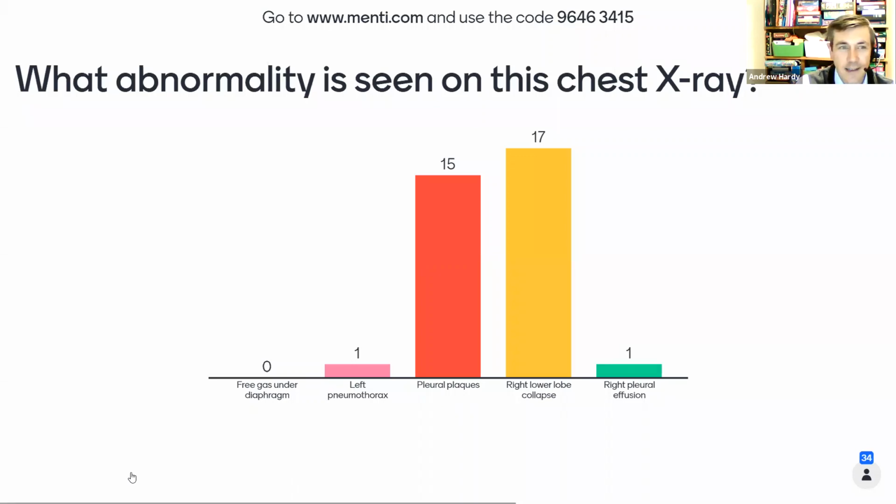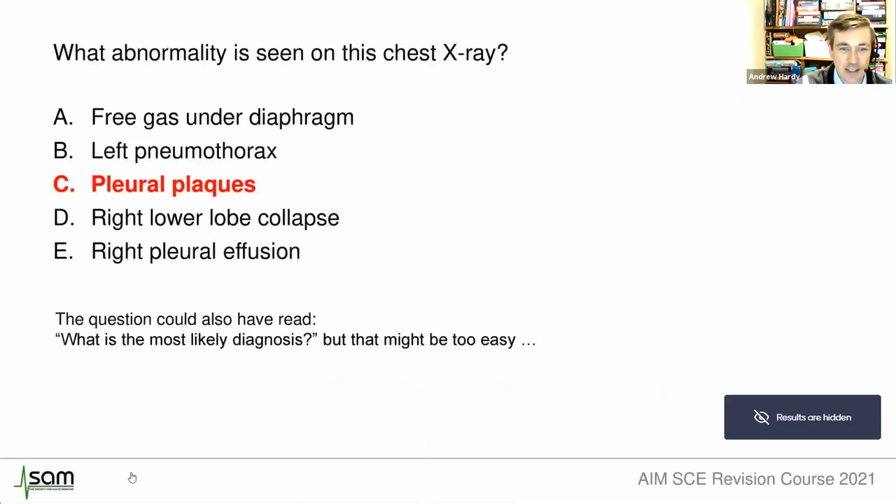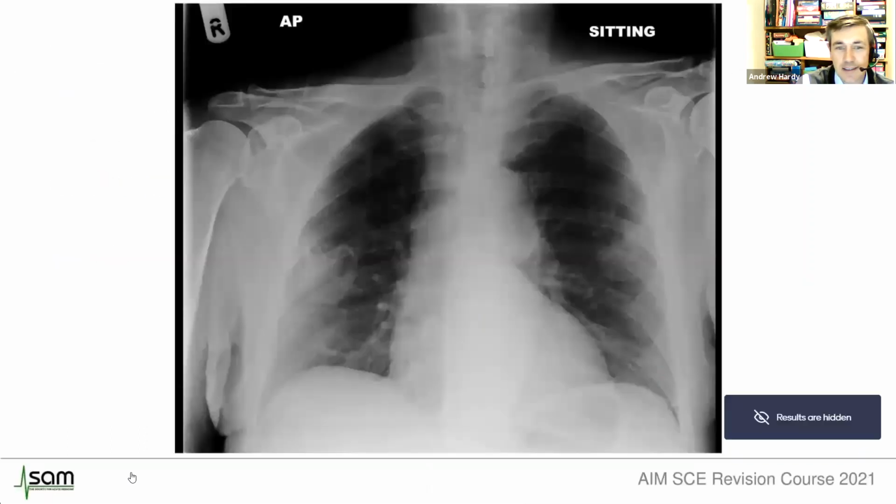So again, the history is a bit of a red herring actually. The answer is pleural plaques. So we'll go back and have another look at it. It's a little bit sneaky because actually the history doesn't have anything to do with the actual diagnosis.